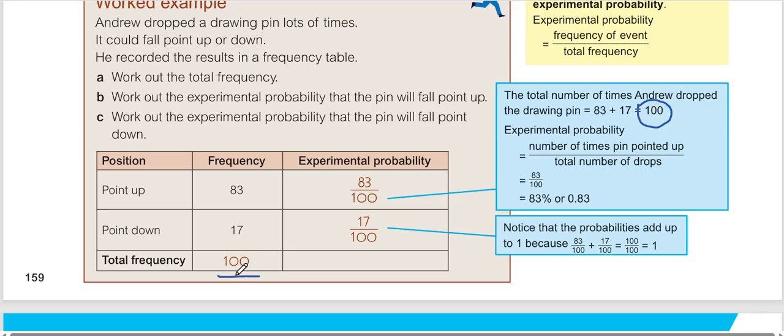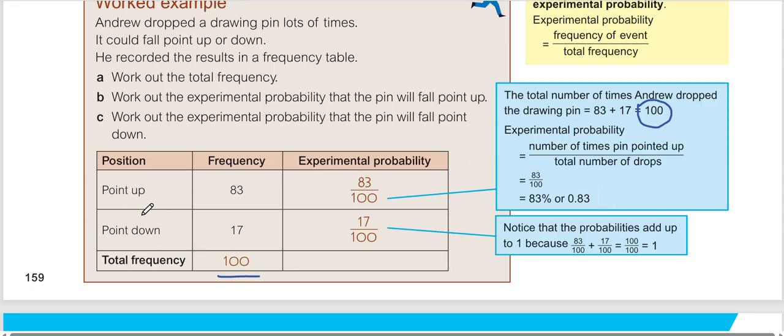The experimental probability equals the number of times the pin fell point up divided by the total number of drops, giving 83 upon 100. We can write it as 83 upon 100, 83% or 0.83, as a fraction, a percentage, or a decimal. Is it clear? Yes.